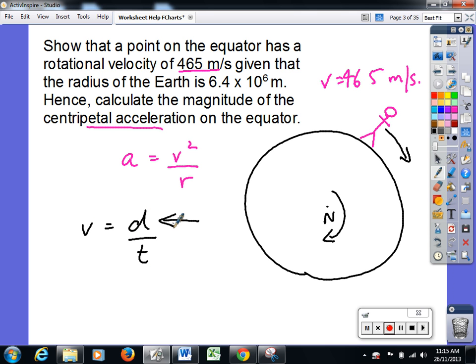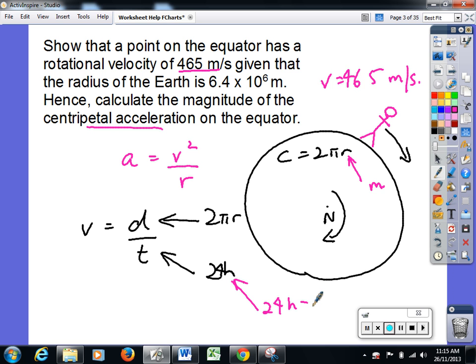This distance is the circumference, and the circumference is 2 pi r. And time, we know, is 24 hours. We need it in metres per second, so we need to find the radius here in metres, and the time, 24 hours, into seconds.